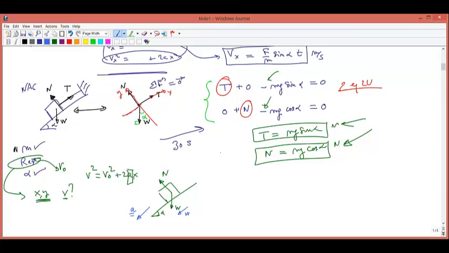Okay? So since we want the acceleration along the inclined plane, let's pick a coordinate system along that plane. Again, we need to complete it. Therefore, we need to figure out the direction between W and the Y axis. We've already done this. That doesn't change. It's alpha.